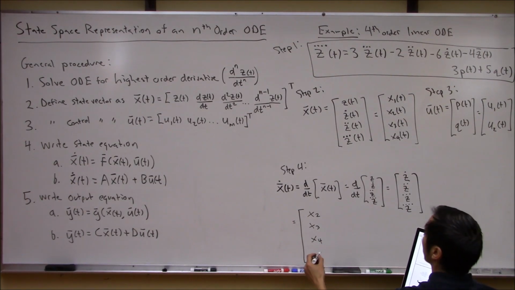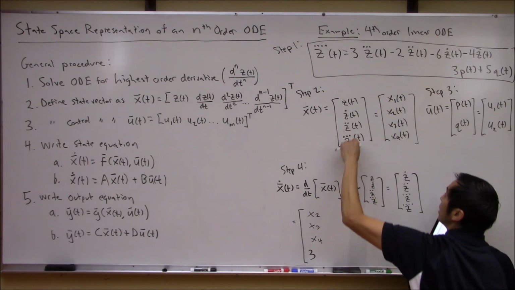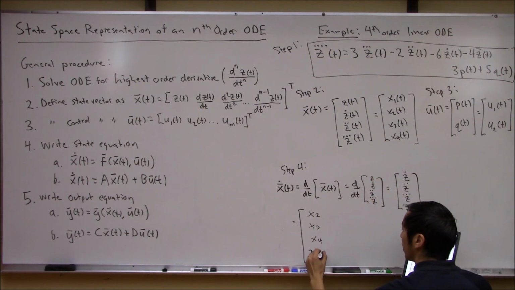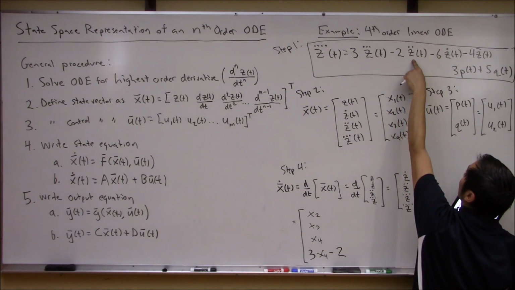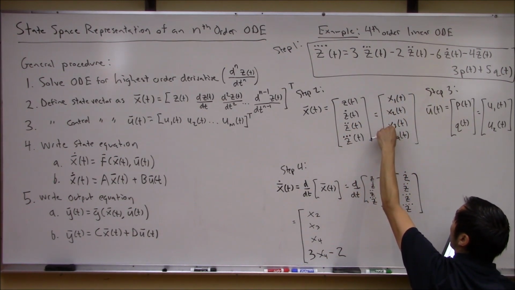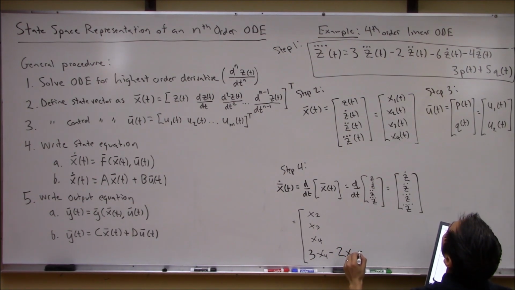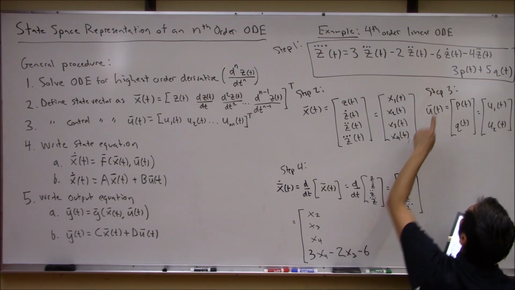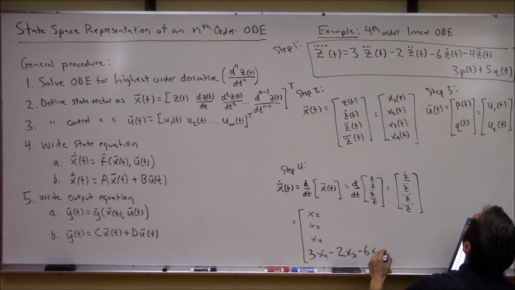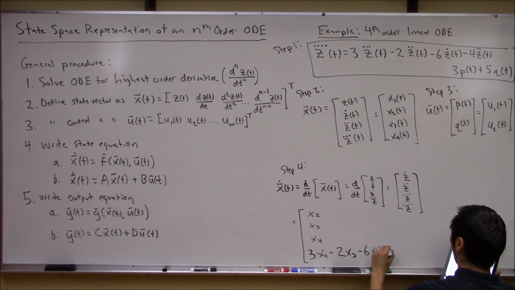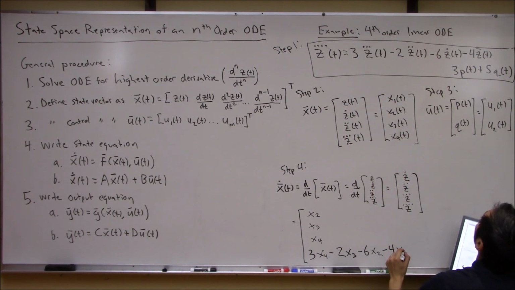This is 3 z triple dot, and z triple dot is just x4, so I can write this as 3 times x4, minus 2 times z double dot, which is x3, minus 6 times z dot, which is x2, minus 4 times z, and z here is just the first state, so this is x1.